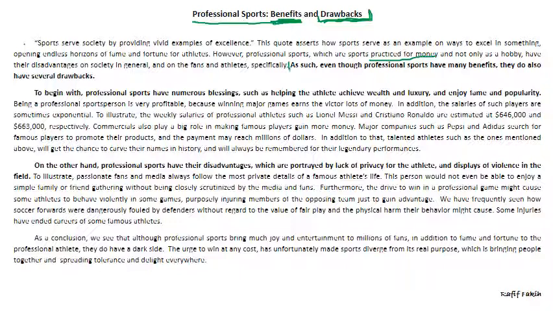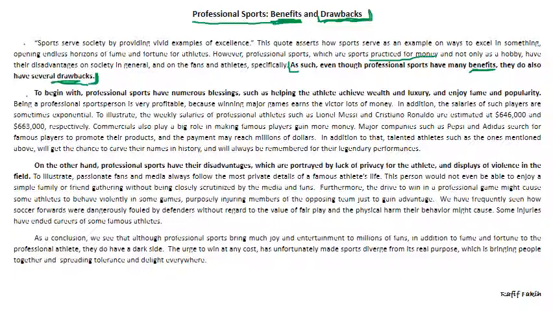As such, even though professional sports have many benefits, they also have several drawbacks, advantages, and disadvantages.